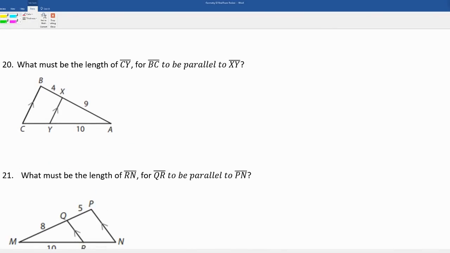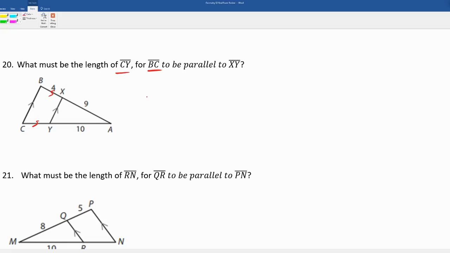All right, number 20. What must be the length of CY for BC to be parallel to XY? That's a nice one. That's going along with the idea of proportionality based upon parallelism. So let's take a look at that. CY should be proportional to BX.